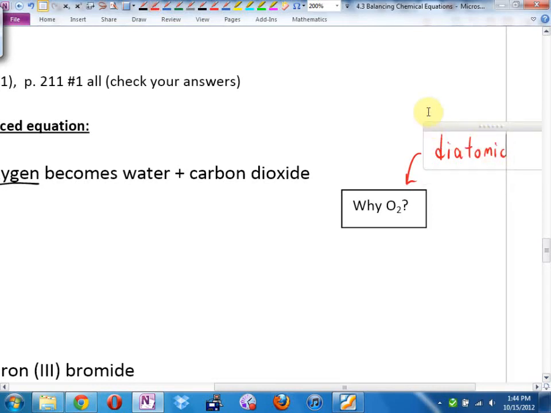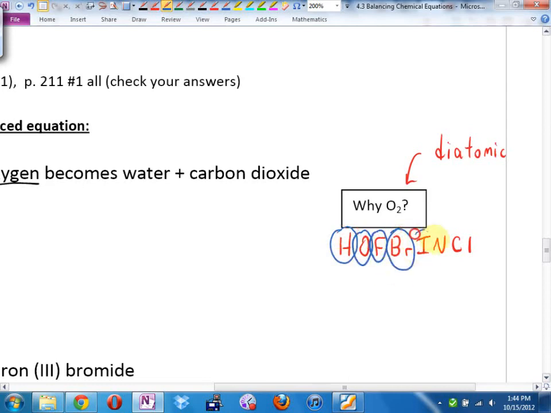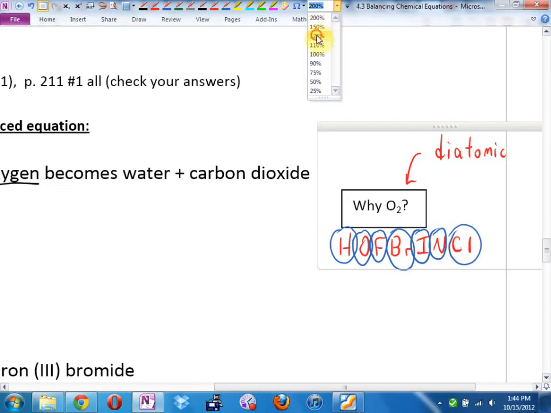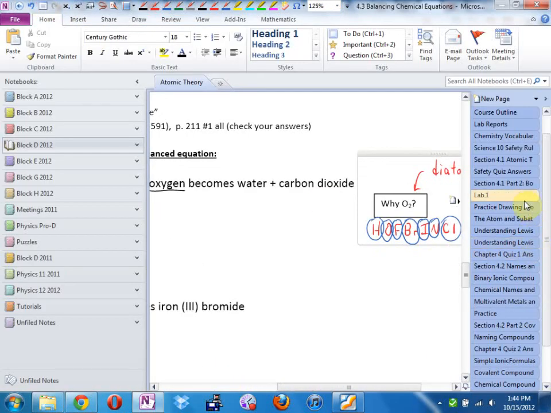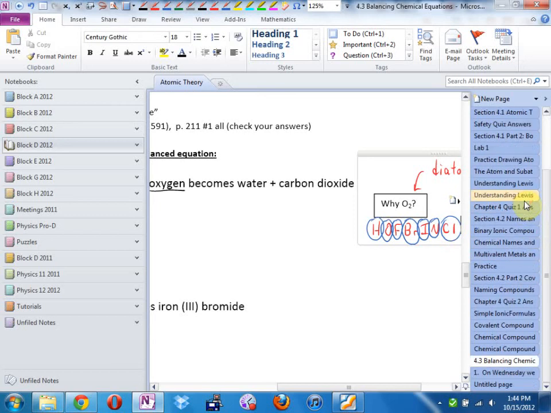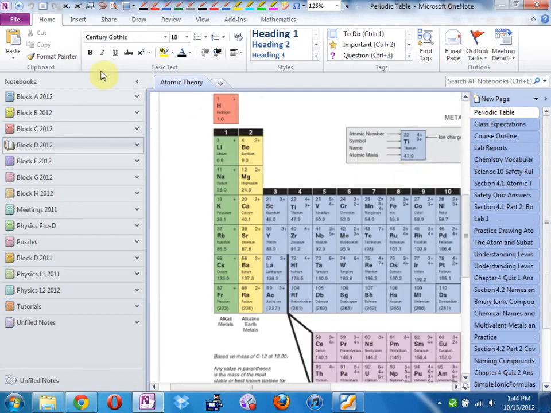And in fact, I gave you a word. These are the diatomic atoms: hydrogen, oxygen, fluorine, bromine, iodine, nitrogen, and chlorine. Now you can remember the word Hofbrinkel, or there's another way to get them from your periodic table.